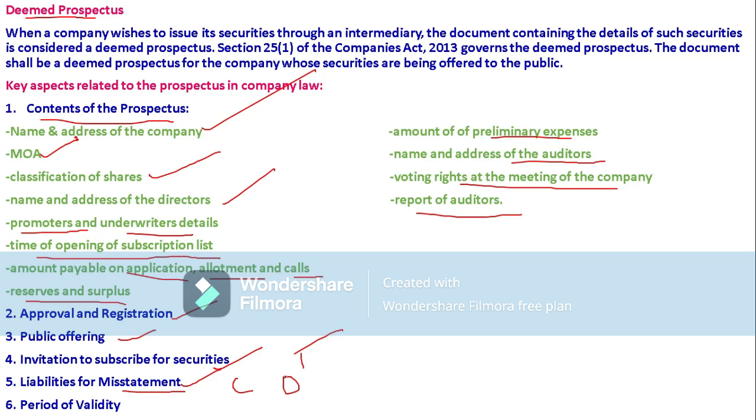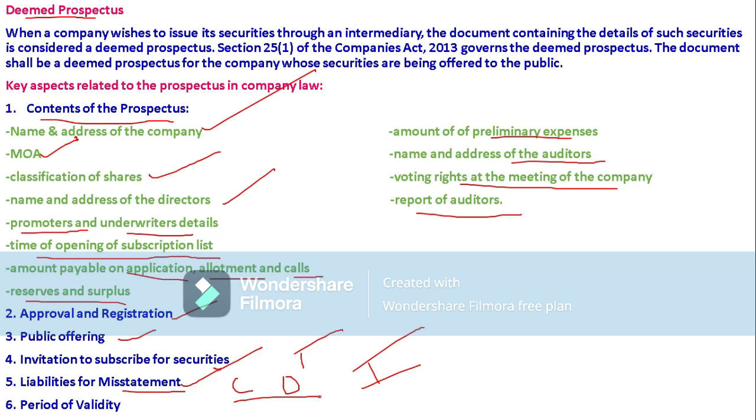So when the misstatement has led to a loss to the investor, the investor can go to the tribunal. Then the company and members of the company are liable.